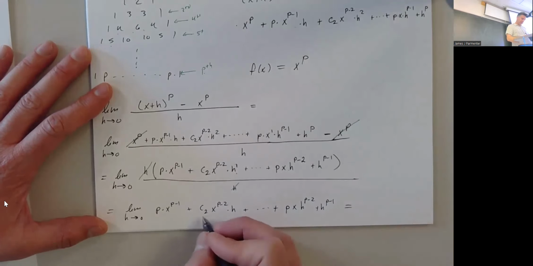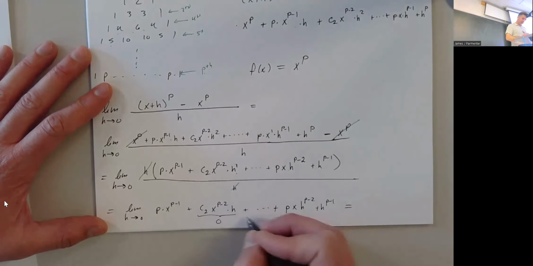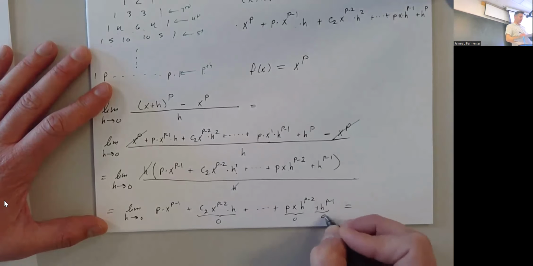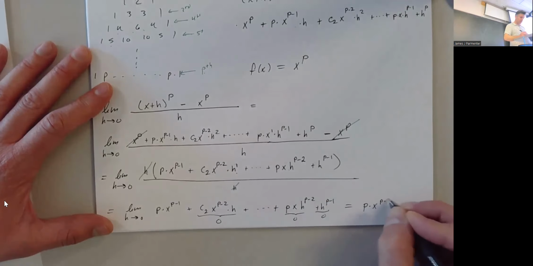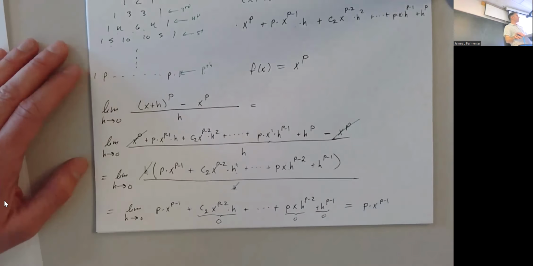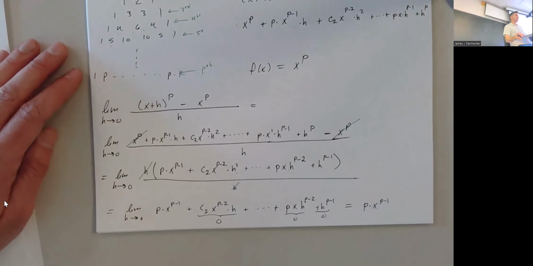And then that's going to go to 0. All those things are going to go to 0, and you're just left with the power rule: p times x to the p minus 1.